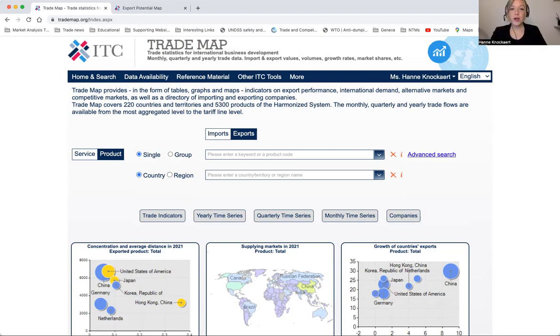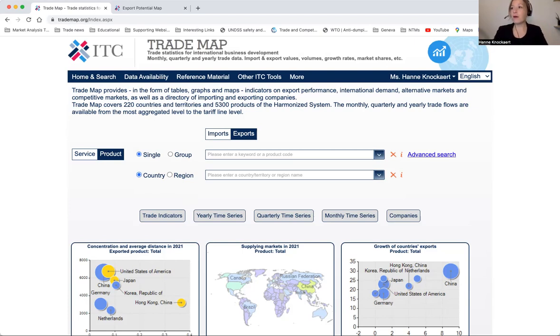So what you are talking about would be the market access conditions. What I really liked about your trade portals is that you already line out all the different steps locally that you need to take to actually export.